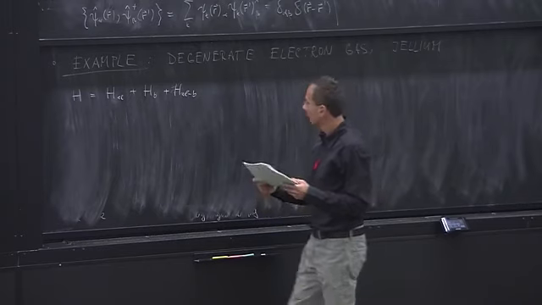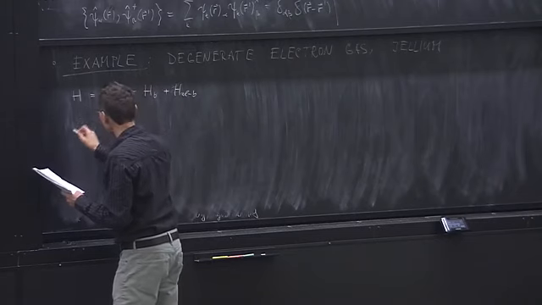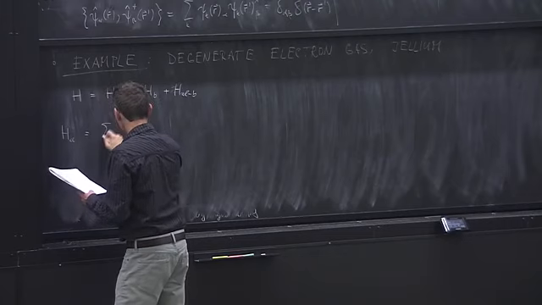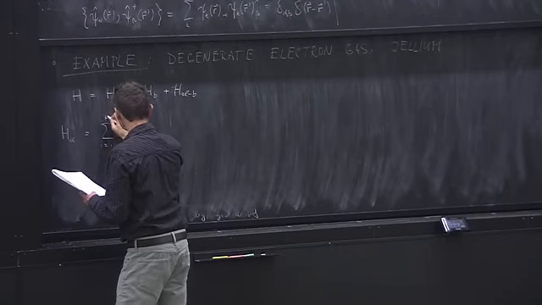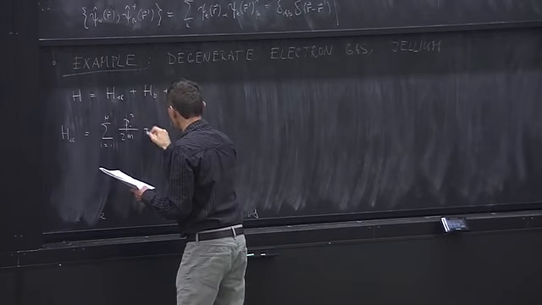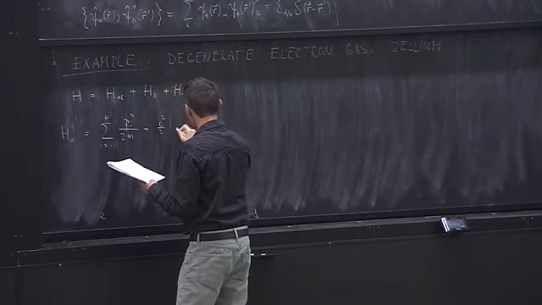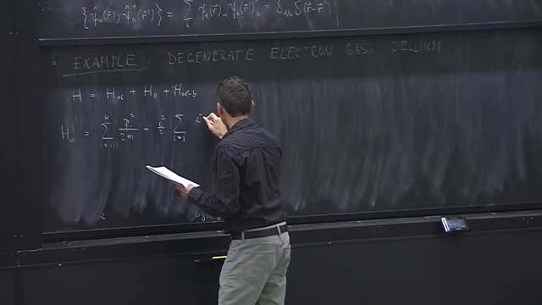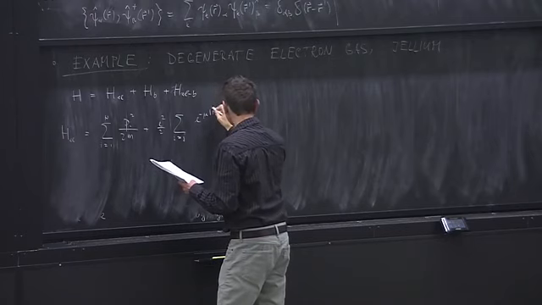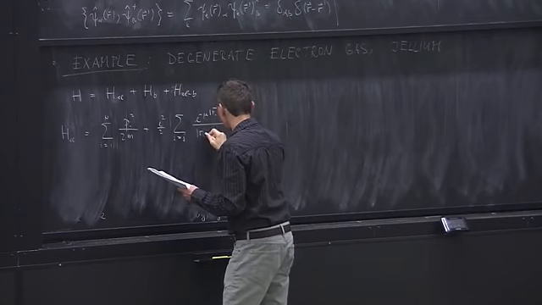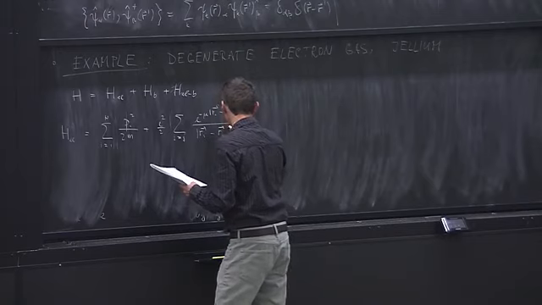Let me write the three pieces in turn. In the first quantized notation, H electron is simply given by what we had before: sum over i equals 1 through N of p_i squared over 2m, plus e squared over 2, sum over i not equal to j, of e to the minus mu times |R_i minus R_j|, divided by |R_i minus R_j|.